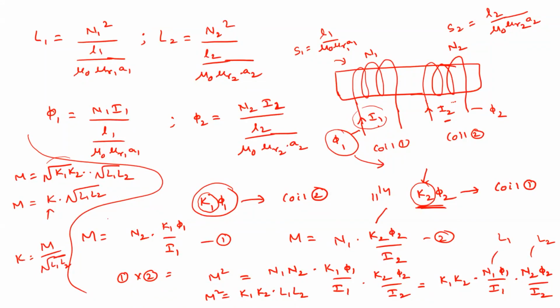So we have some problems, so note down. Two identical 750 turn coils A and B are arranged in parallel planes.